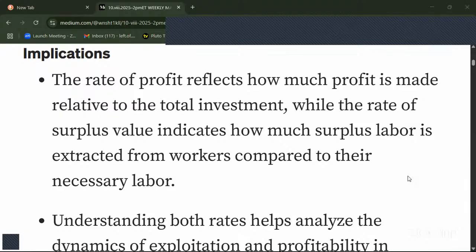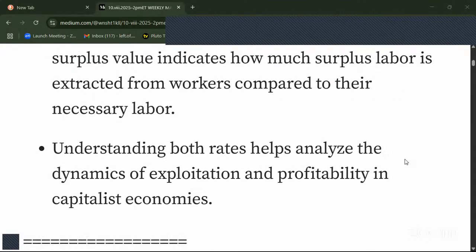And you can see how complicated that can get by the difference between surplus labor, unpaid labor, and labor that is compensated, and then how messy that can become with the question of labor power. Now, understanding both rates helps analyze the dynamics of exploitation and profitability in capitalist economies.